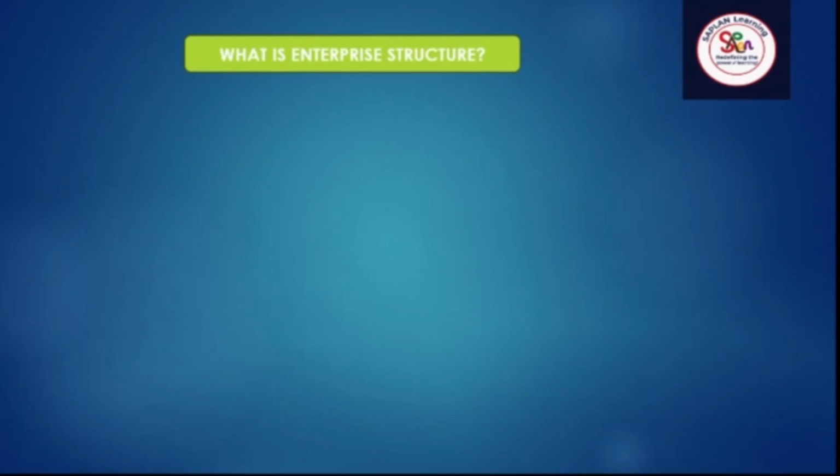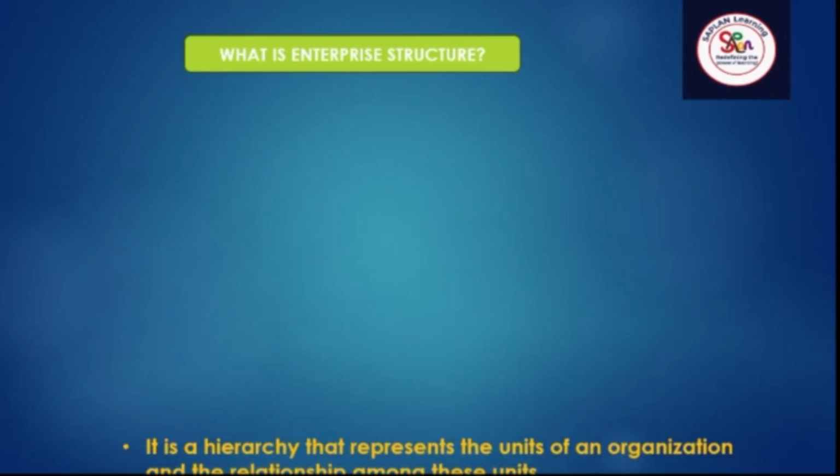See, an enterprise structure is a large establishment having different types of units. Each unit of enterprise is responsible for implementing a distinct business process such as purchasing, inventory, production, sales, and so on.